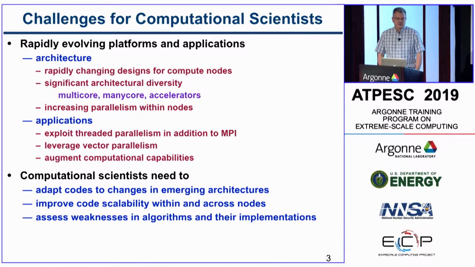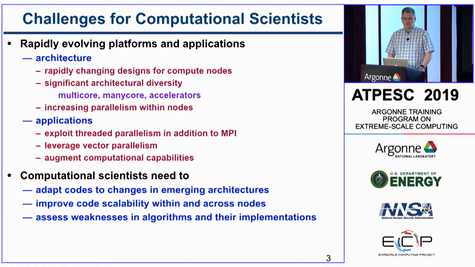As computational scientists, you face a number of challenges. The platforms are rapidly evolving as well as your applications. One of the things that I'm sure you're well aware of is that there's significant architectural diversity. Cooley is a multi-core system, Theta is a many-core system, Summit has GPU accelerators, and the forthcoming Aurora A21 system also is going to have accelerators. So we're seeing increasing parallelism within the nodes.